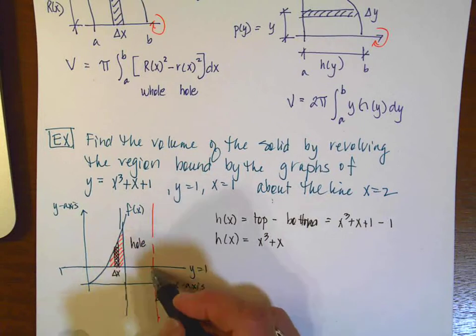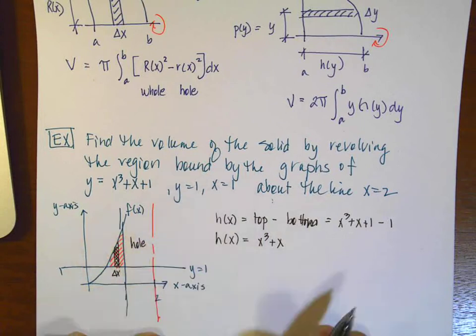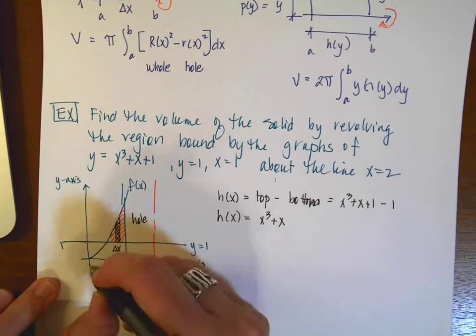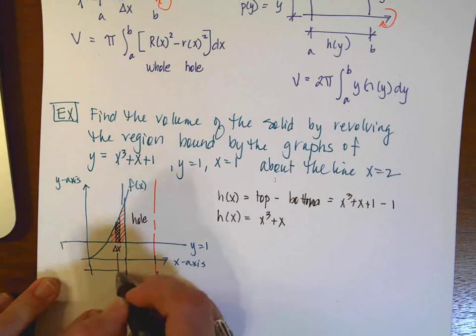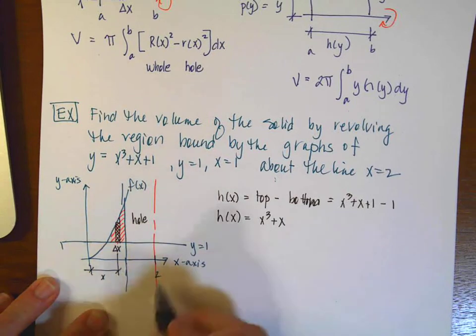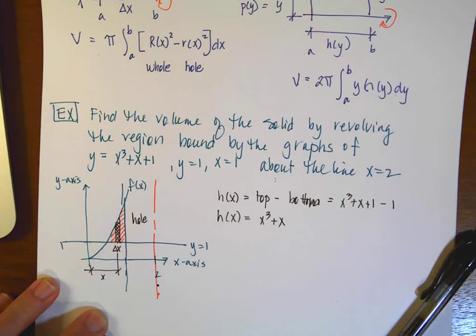So the next thing I want to find is my P of x, and remember P is the distance from the rectangle to the axis. So this is where it gets a little bit entertaining. So this is my distance x, and then this is my axis of revolution.